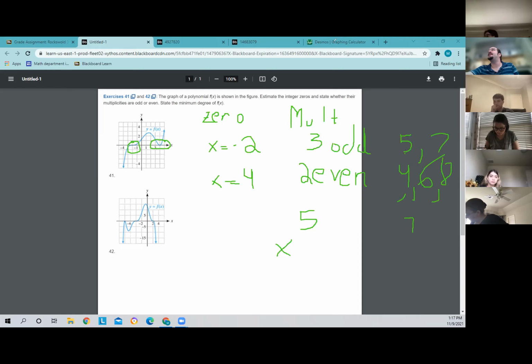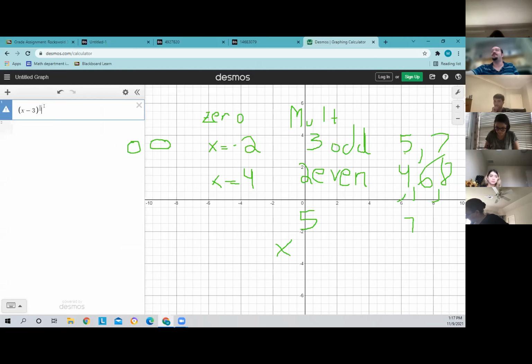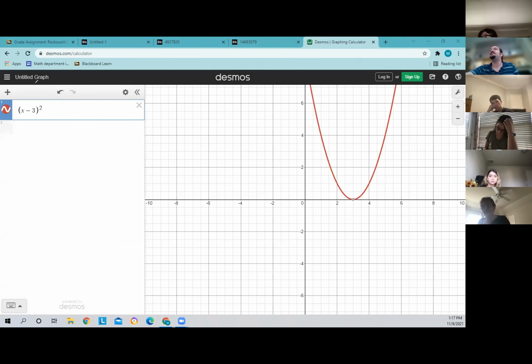And this is going back to the Desmos thing, right? If I have more, how does it change the shape of my graph? Let me clear these annotations so they're not in the way. If I have an x squared, how does that differ from an x to the 4th or an x to the 6th?